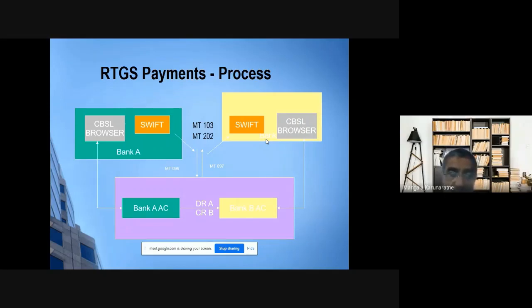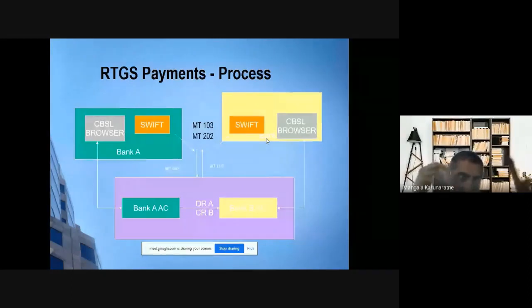How does it happen? Because now all these participants are in a group called LKB. So there is certain formatting in that MT103 message, and there's a place where you have to mention the group. So when you mention LKB and send the Swift, it will get captured by the system.